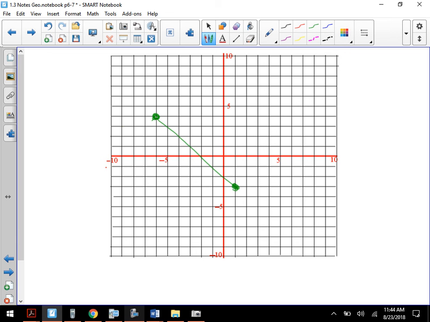I'm going to show you guys a shortcut tomorrow. We're also going to look at grid stuff like this, where it's not always horizontal or vertical. We'll be able to find the midpoint of something just by looking at the ordered pairs. When it's diagonal like that, it's sometimes very difficult to look at that and locate the actual ordered pair. But there's an algebraic way of doing it. And again, it's super simple to do.